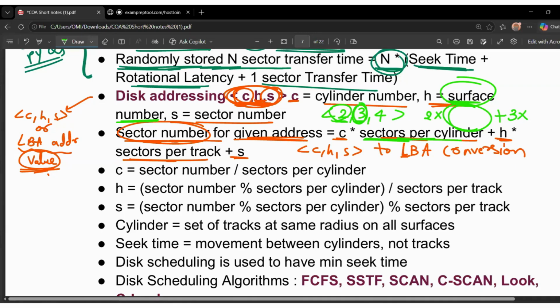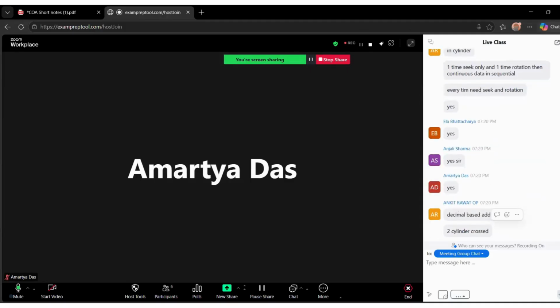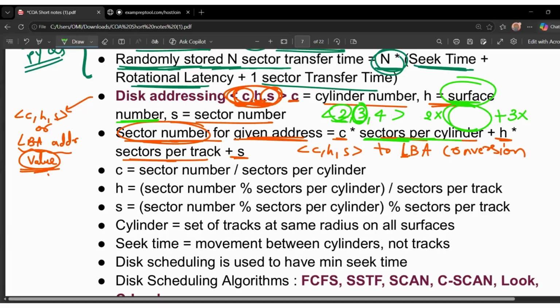You know that in a cylinder one surface will have one track. Yes or no? So H into sectors per track, right? Here we are adding sectors per track. Now we are at the particular track. Now S means how many sectors to pass, right?